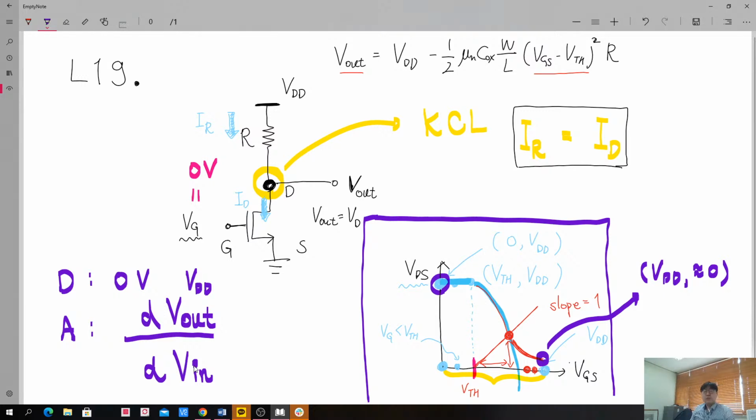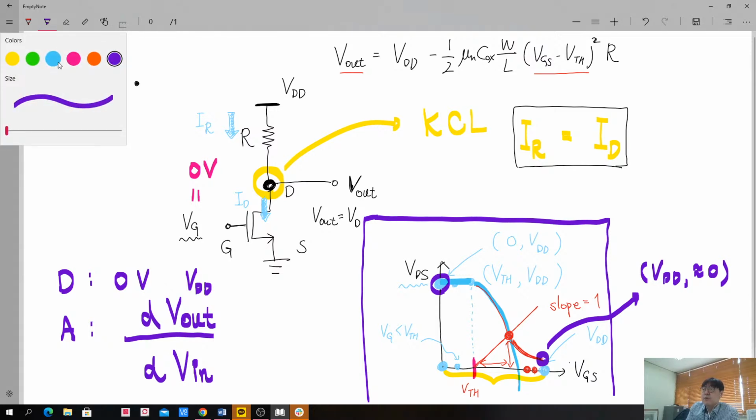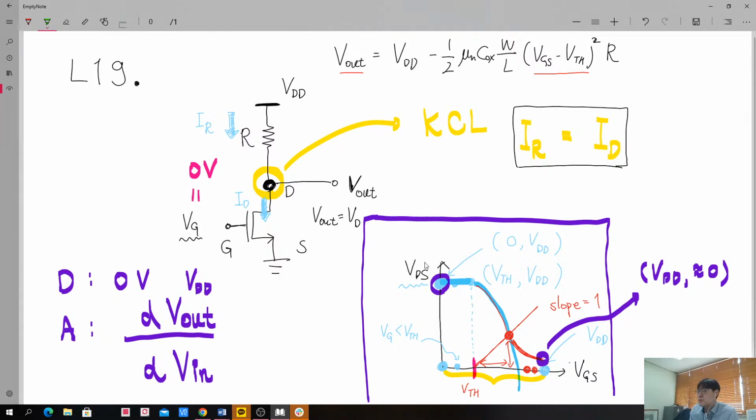Of course, this curve is going downward, so it always has a negative slope, but which one shows the maximum absolute derivative? When you take the absolute value, where do we have the maximum derivative? For example, this one, or this one, or this one.